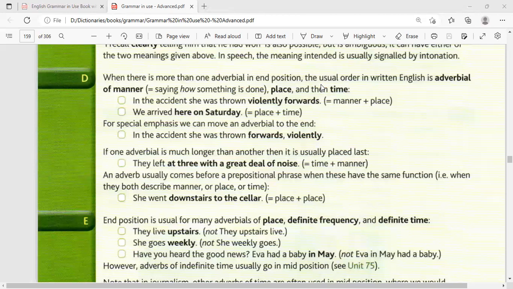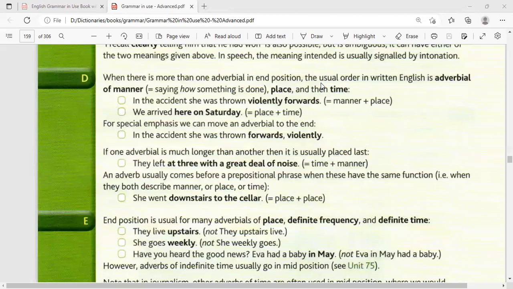And after adverbial of place is adverbial of time. So the order is manner, place, and time.